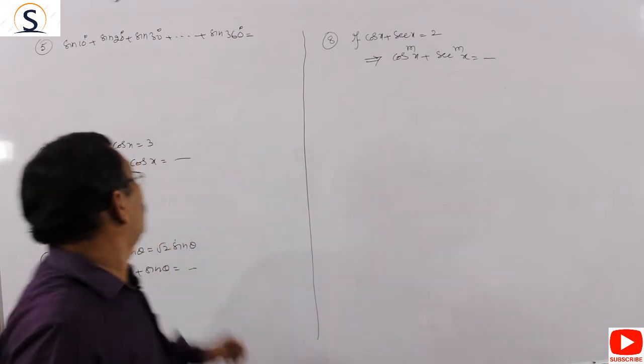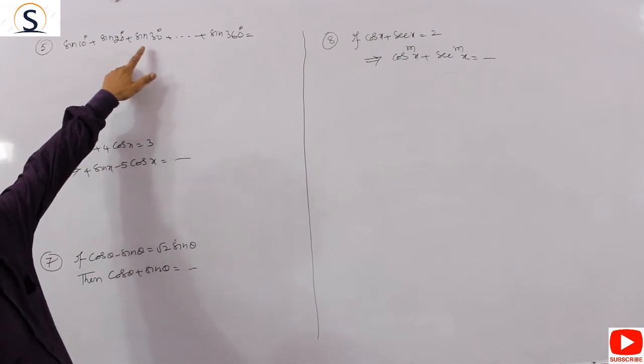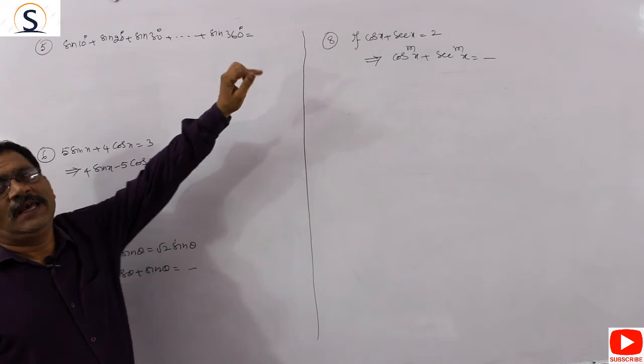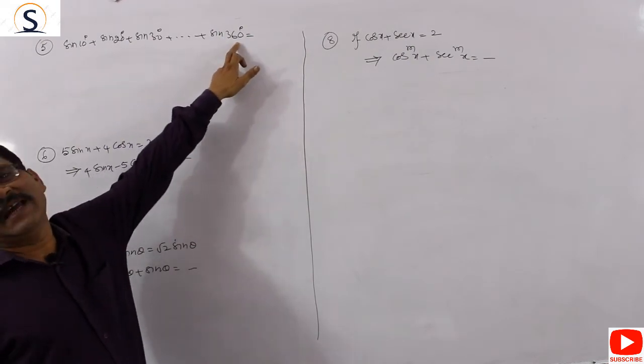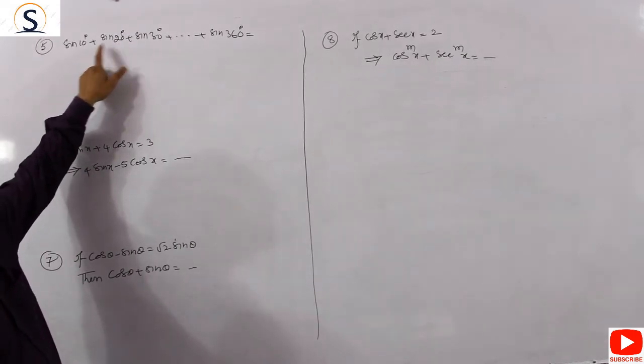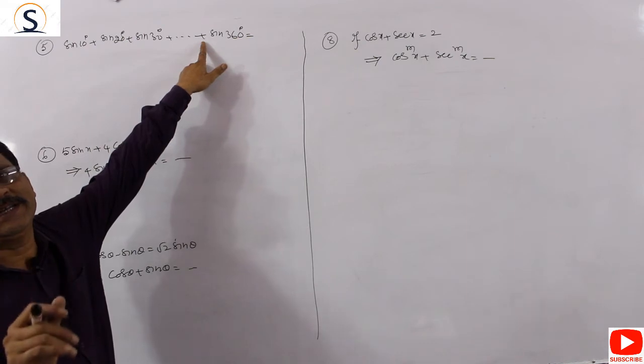Next question, fifth one: sine 10 degrees plus sine 20 degrees plus sine 30 degrees and so on up to sine 360 degrees. You know, sine 360 degrees value is 0. Here the difference between the angles is 10. Therefore, its preceding term is sine 350 degrees. Right?